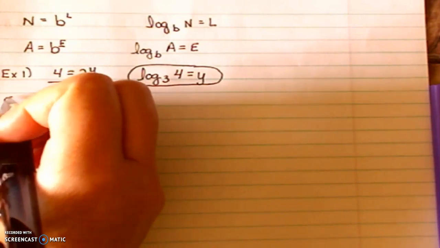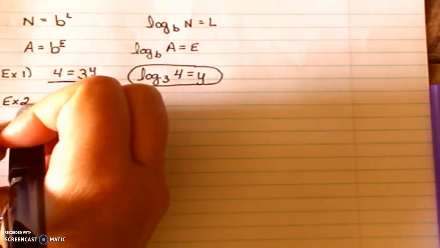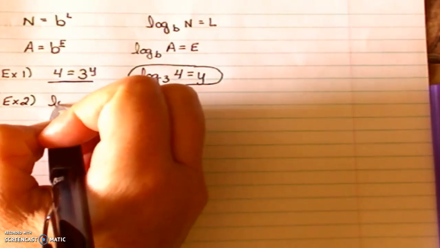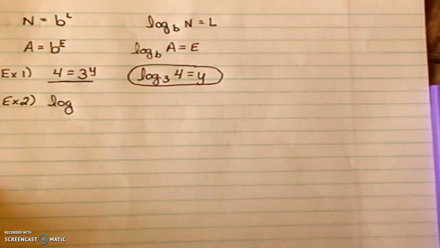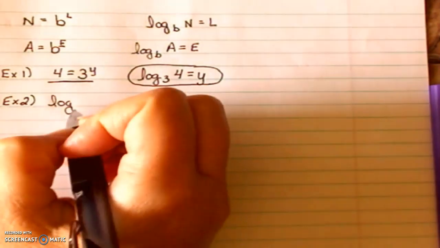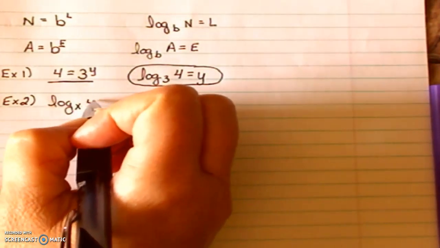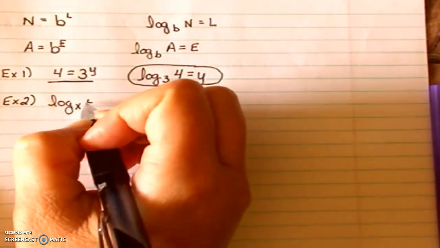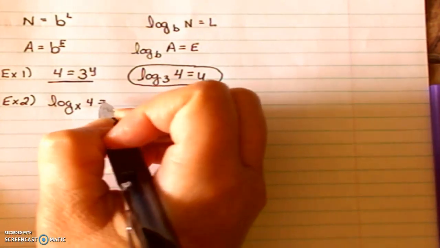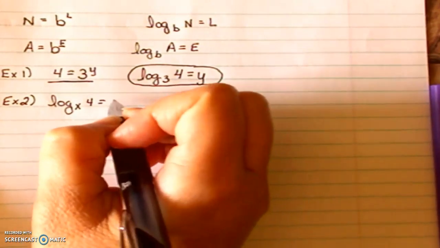Now we can go the other way, such as in example 2 here. What if I ask you to take the log of base x of the value 4, so log 4 base x is equal to m.